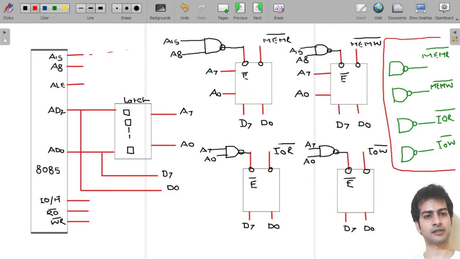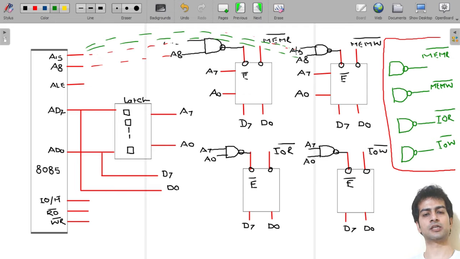This address line is connected with this memory also, hardwired, and this higher order address bus is connected with this memory also.